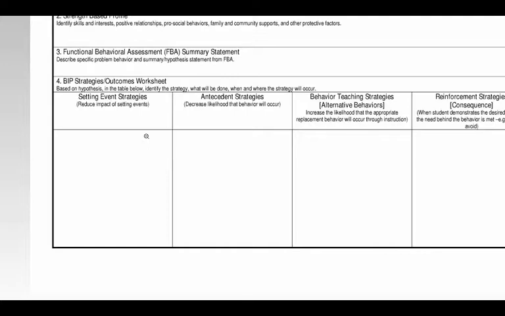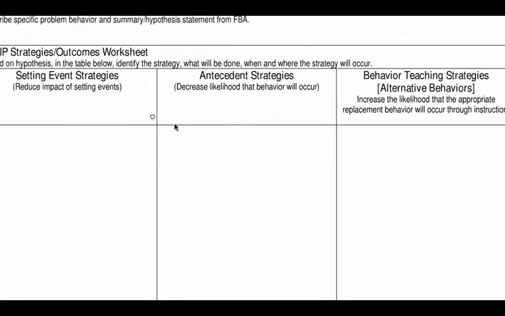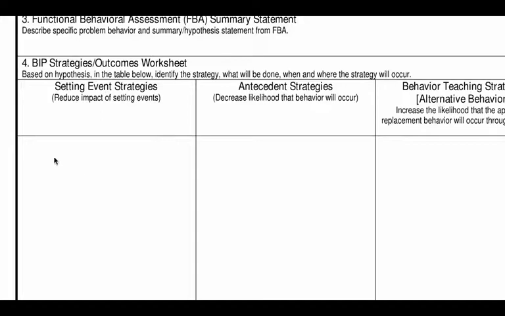From there, in the fourth part of the plan, we have the specific strategies and outcomes that we're looking for. Those are delineated. So what are your strategies from a setting event standpoint? What are you doing? Are you working with a physician, for example, to address the gastrointestinal problems? Are you working with a neurologist, for example, to address the migraines?